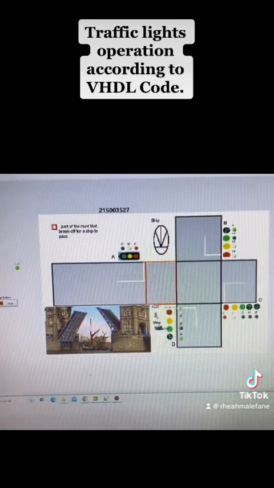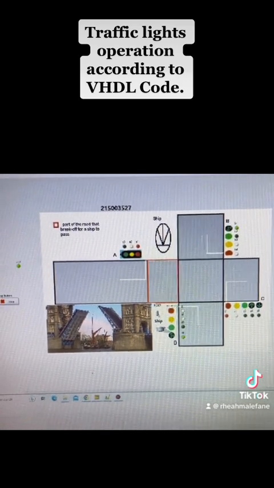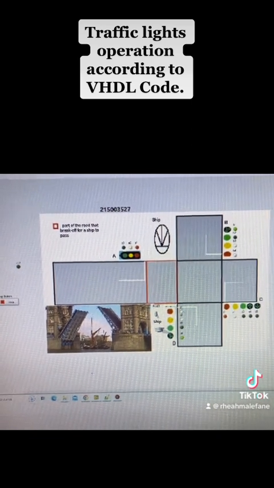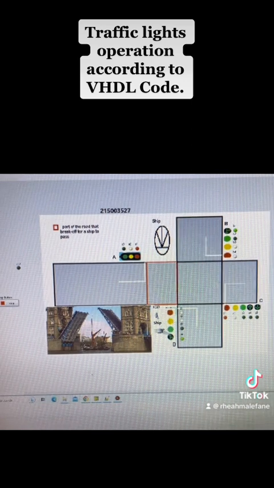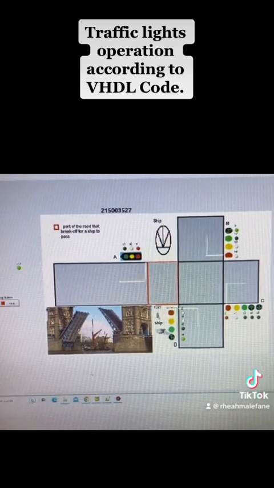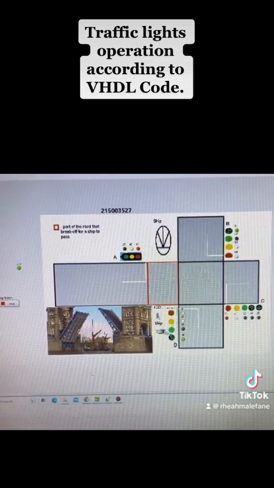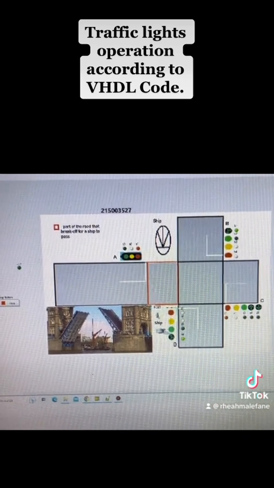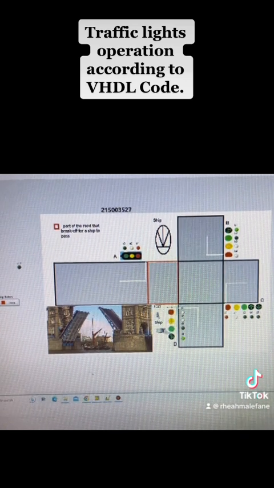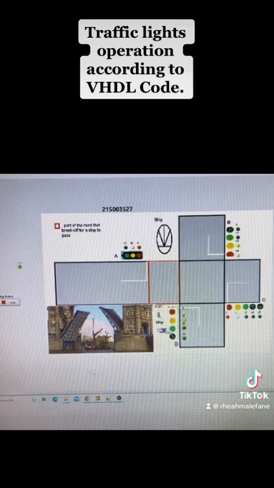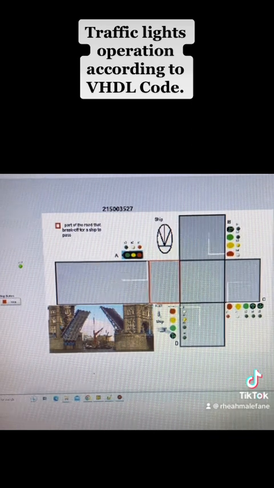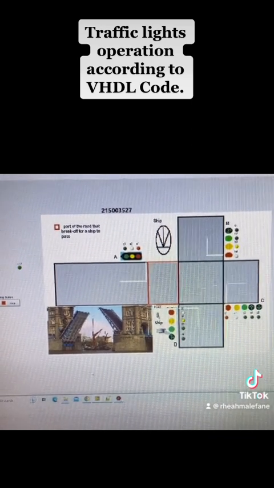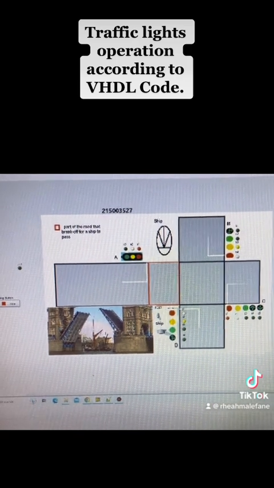While A1 and C1 are high, B1 and D4 are now high. Then when B3 and D2 become high, A1 and C1 will also be high.